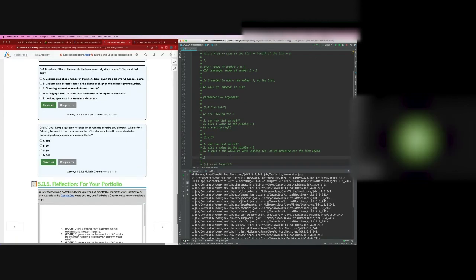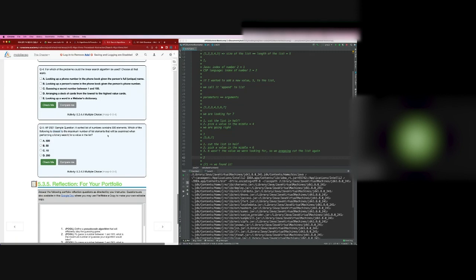So we are using 500 and dividing by 2 several times, all the way to the closest to 1. Exactly. But in this question, we don't know which number we're looking for. The question is asking which of the following is the closest to the maximum number of list elements that will be looked at. So it's the same thing as the 7, as an example.